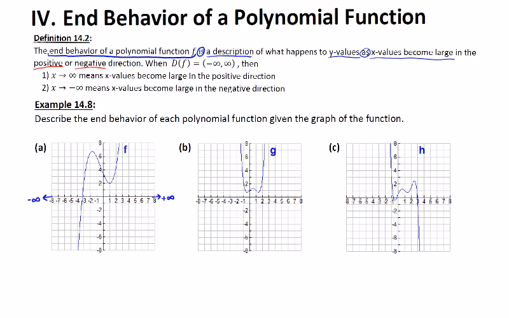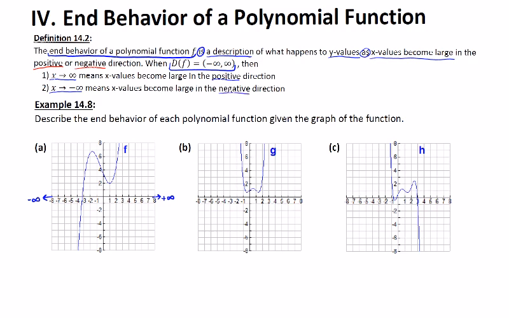Anytime the domain of our function is negative infinity to infinity, which is precisely what we're going to have with a polynomial, then we get to say x arrow infinity means x values become large in the positive direction. And the counter to that would be x arrow negative infinity. This means that the x values become large in the negative direction.